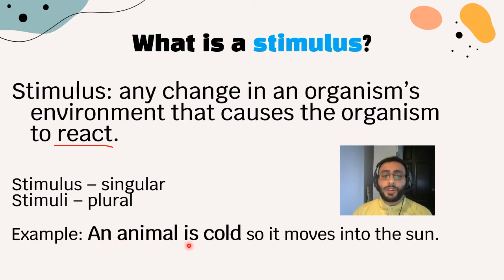An animal is cold. So it moves into the sun. When it's cold, you go into the sun where it's hot, right? Now, the animal feeling cold is the stimulus.